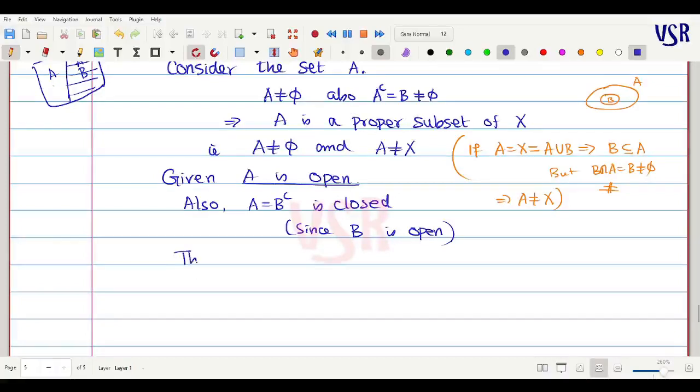Thus A is a proper subset of X, which is both open and closed.